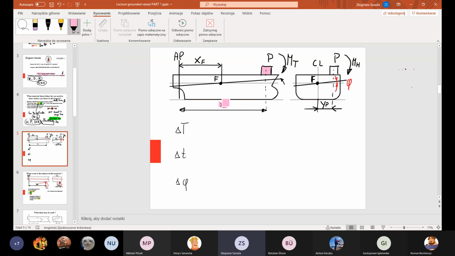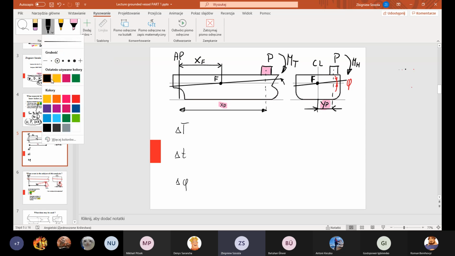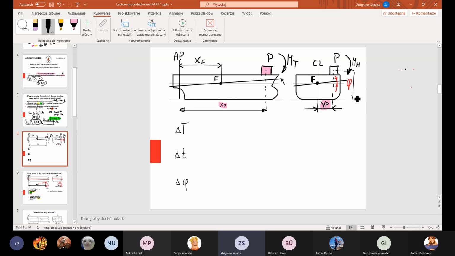So XP is known, how far the weight is from the aft perpendicular. YP is known, how far the weight is from the central line. And the last variable, I will put here, ZP. ZP is the information how far it is from the baseline to the center of gravity of this additional weight.